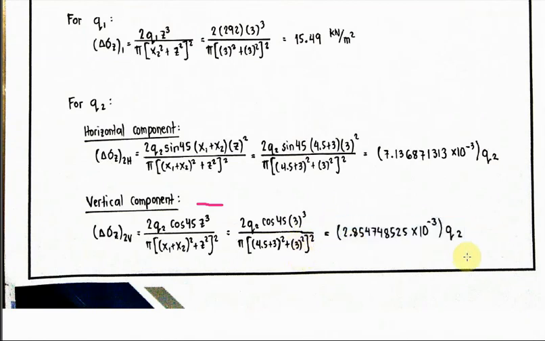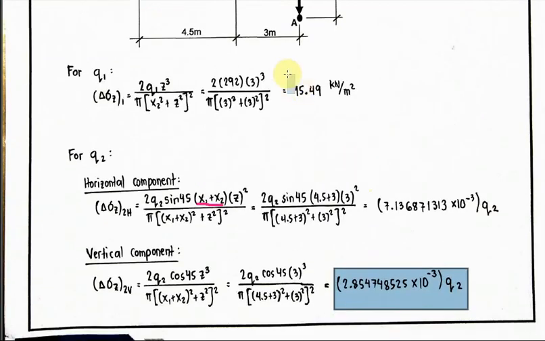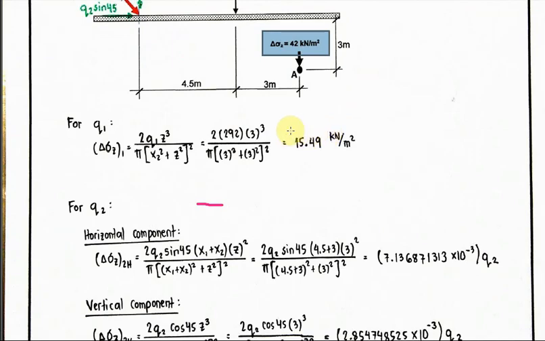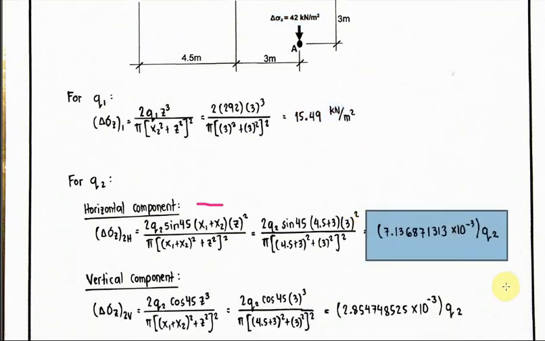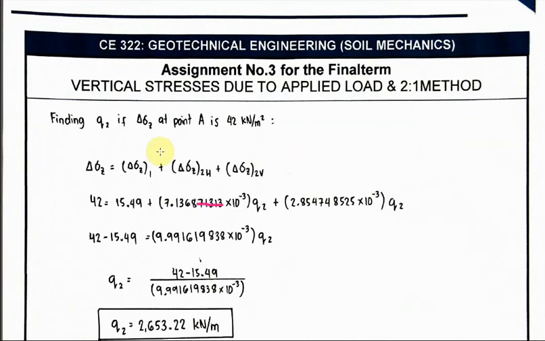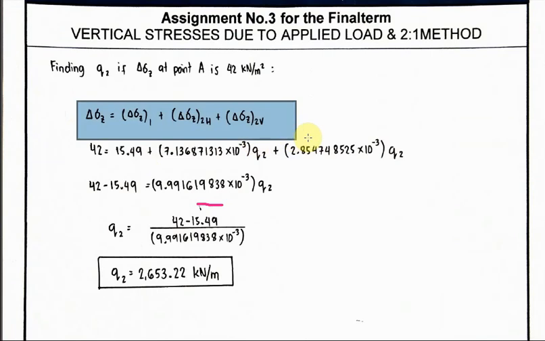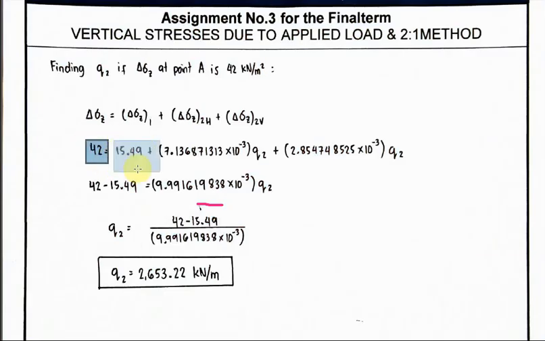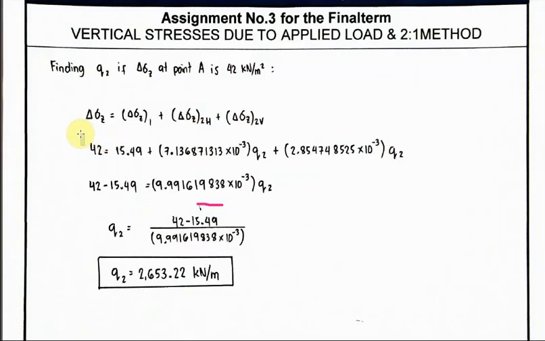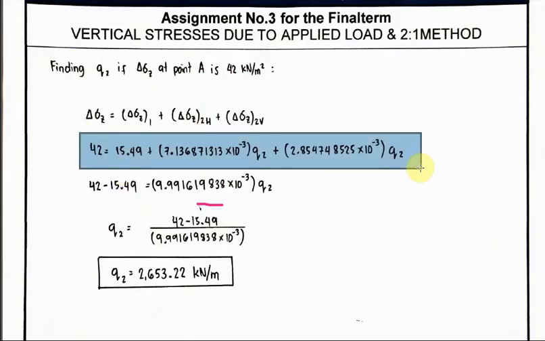Now we all know that the total vertical stress increase is 42 kilonewton per square meter. So you add everything, and the answer should equal 42. That gives us the formula for the total vertical stress increase: 42 equals 15.49 plus the Q2 term. Q2 is the only unknown in this equation, so we can solve for Q2.